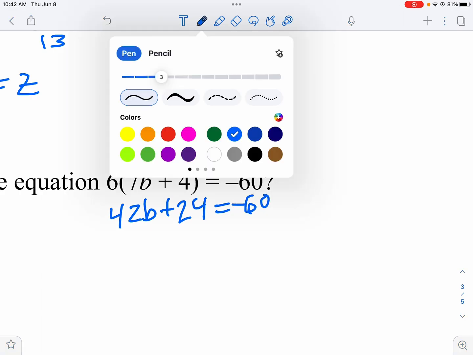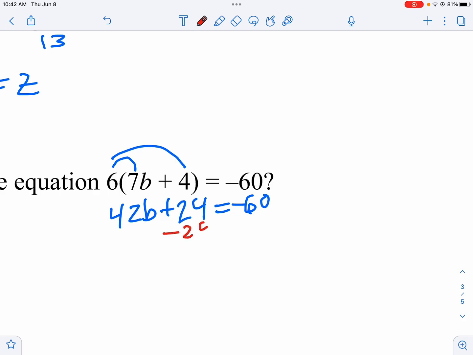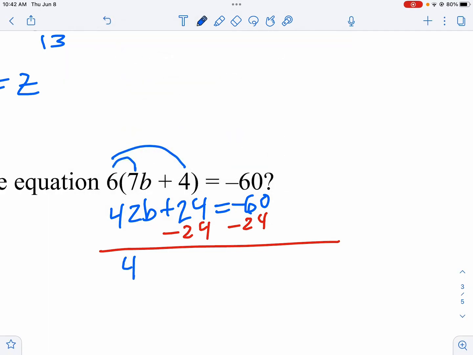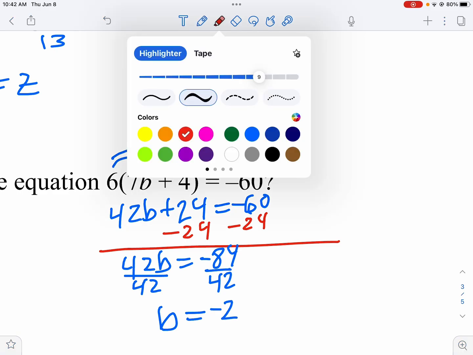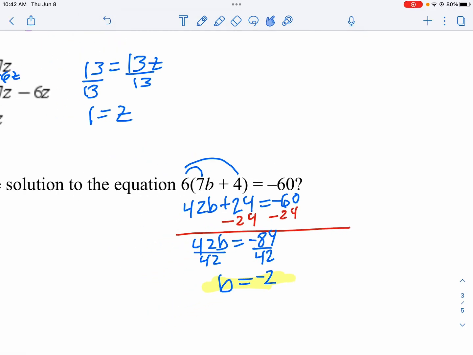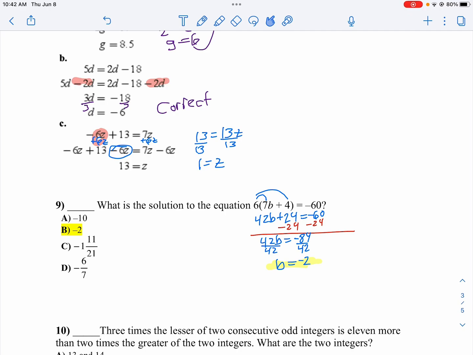We're going to minus 24 from both sides, and we get 42B equals negative 84. I'll divide both sides by 42. And B equals negative 2 is our solution. And that's B.